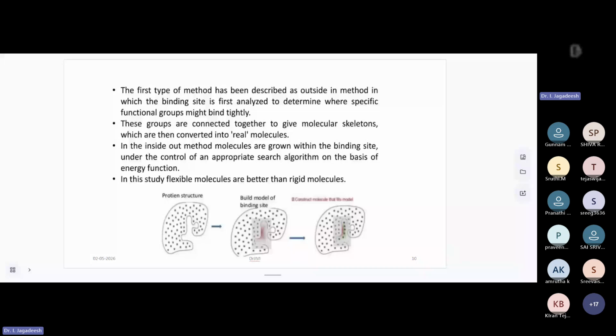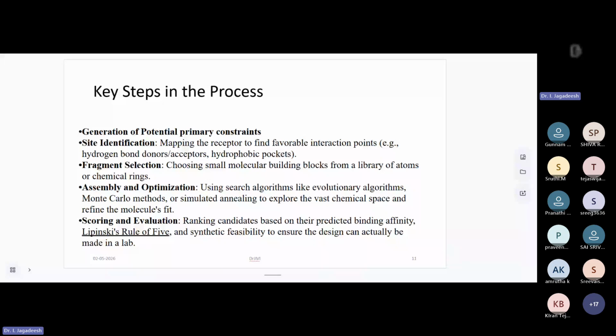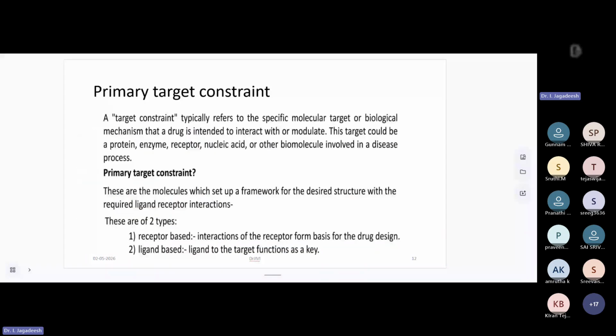These are all the key steps in de novo synthesis we have already seen. Yesterday we stopped at fragment selection. In that, the primary constraint is that we need the three-dimensional array of the pocket of the protein structure. That is the primary constraint.